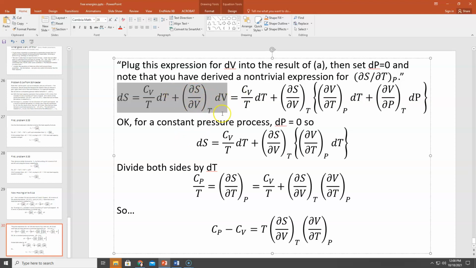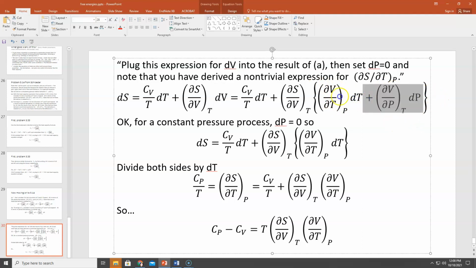Now, what we're doing is we're going to plug in for dV, using our result from the previous slide. So we have C sub V over T times dT plus partial S with respect to V holding T constant times dV, which is partial V with respect to T holding P constant dT plus partial V with respect to P holding T constant dP.